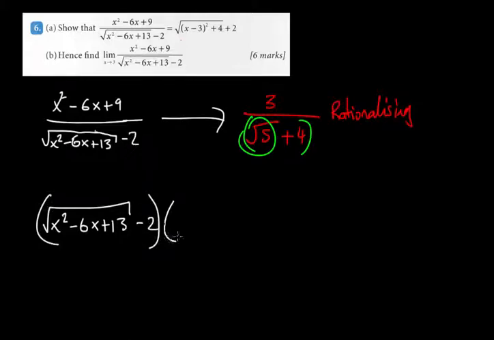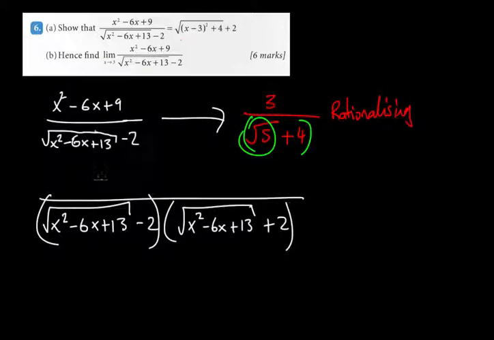So I multiply it by its conjugate, which is plus 2. And then on the top I have the same thing that I had before, times the same thing that we've just multiplied the bottom by, in order to keep it the same, remember. This looks really ugly, but bear with me.